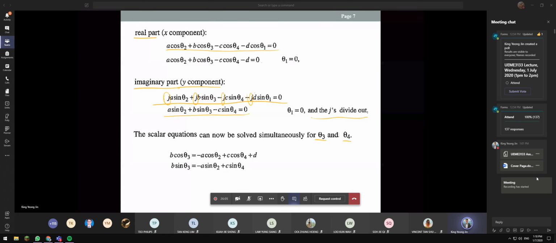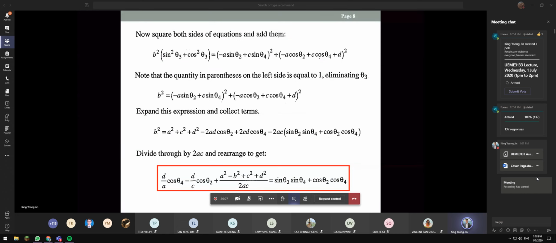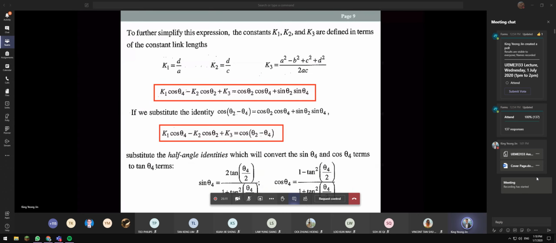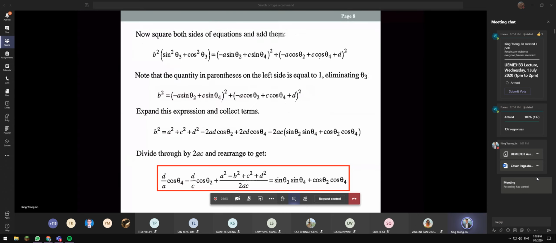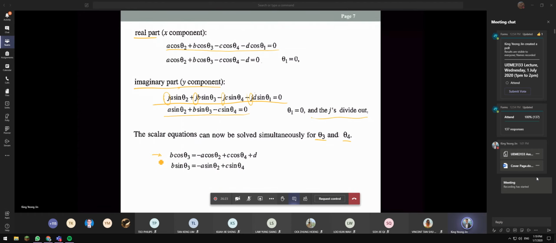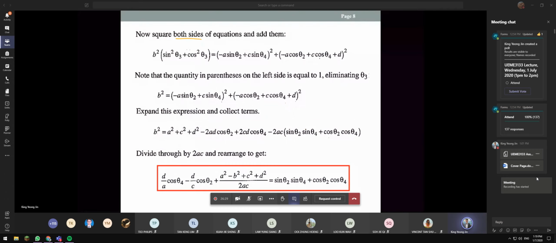What happened here is, basically, this is all the relation between the angles. Now square both sides of the equation and add them together. That means you square this one and this one, then add them together. So you get b square times sine theta 3 square plus cos theta 3 square.